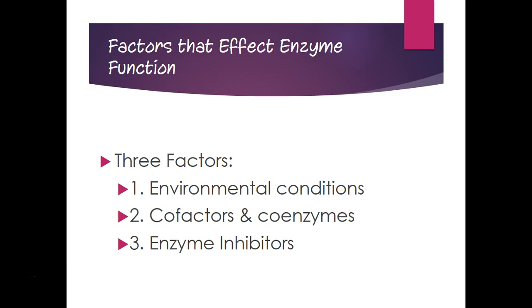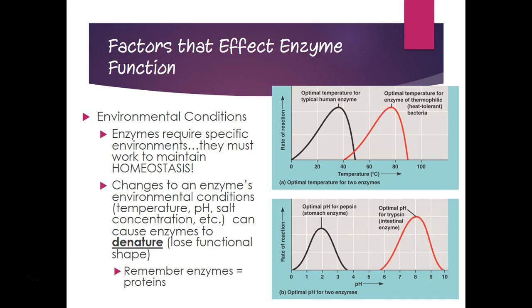So we're going to talk through three different classes of factors that can affect how well an enzyme is actually able to catalyze or speed up that kind of a chemical reaction. And let's start with the environmental conditions themselves.